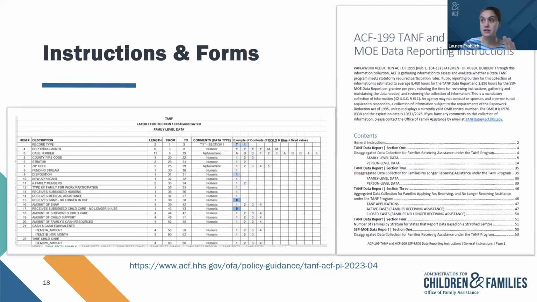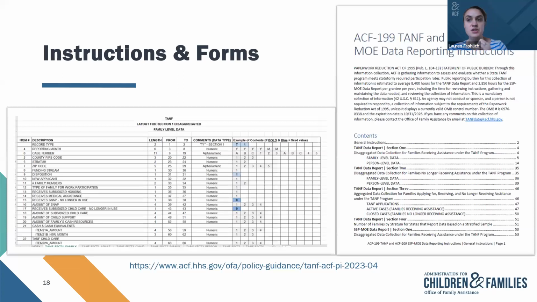You'll see that they look a little bit different. So here, the little preview of the instructions on the right, we have a table of contents. We've tried to clean up the formatting a lot, should be easier to navigate. So hopefully that's all helpful. There are some general instructions and the appendix that I mentioned. And then on the left, instead of what we used to have, which kind of looked like a paper form that you could print out, now we've combined the form with the file layout.